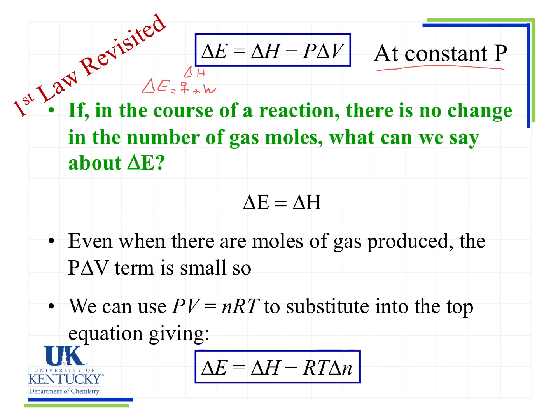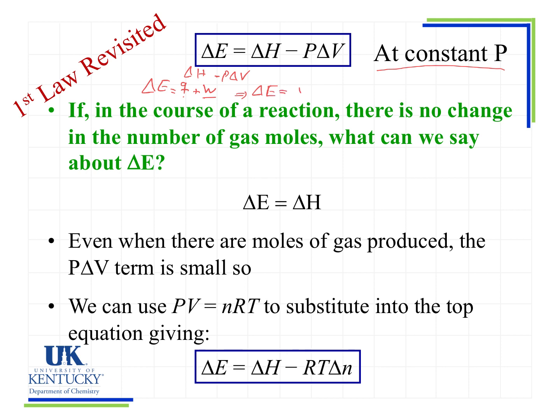And if we are dealing with gas, we learned how to calculate work, right? And work is negative P delta V. So if I rewrite Q plus W at constant pressure, then we have the same equation we have on the top.